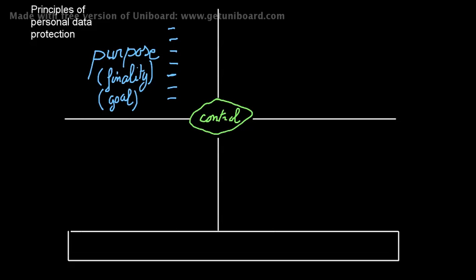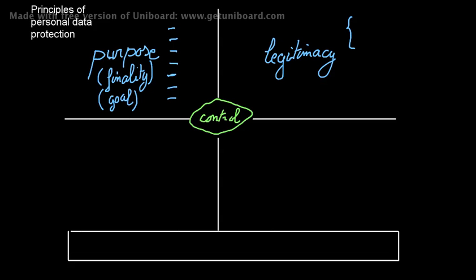The second one is legitimacy. Legitimacy means that there are good grounds to process that data, and there are two approaches to, or two subdivisions of, that legitimacy. The subdivision is on a risk basis.